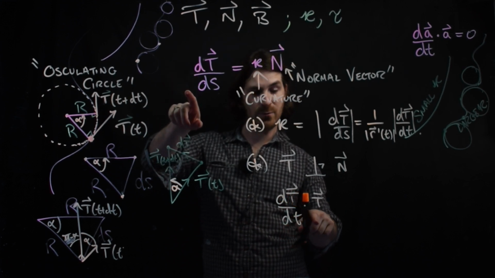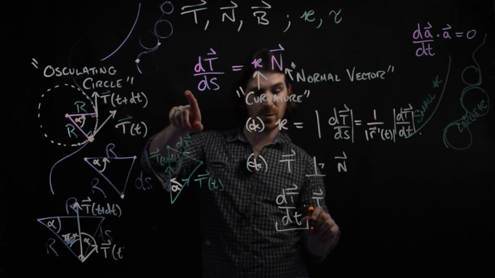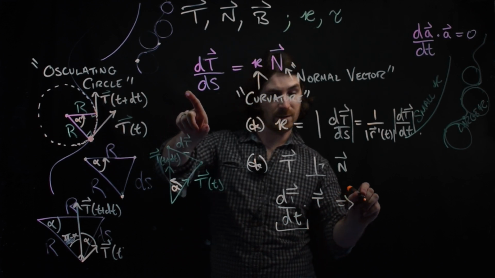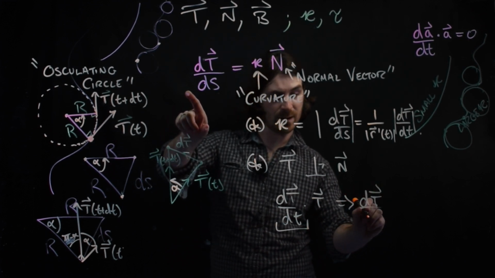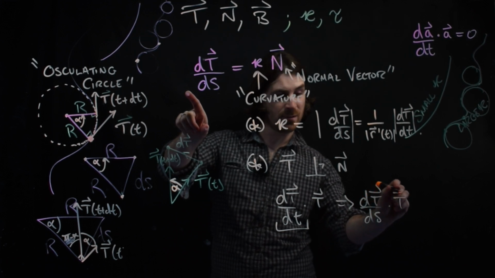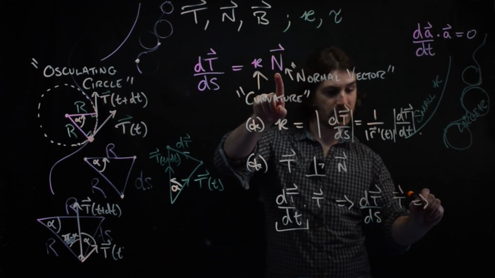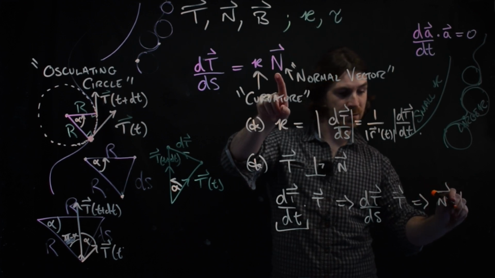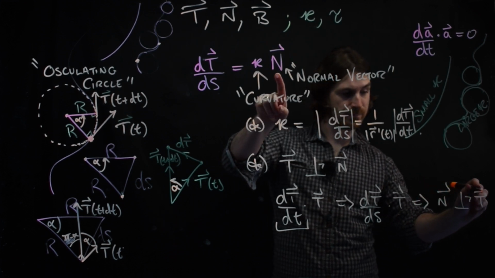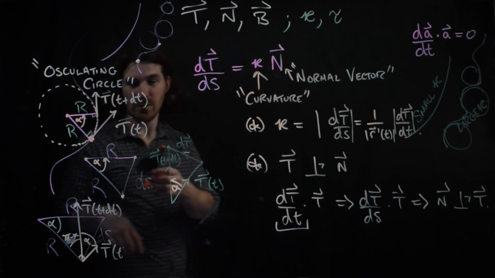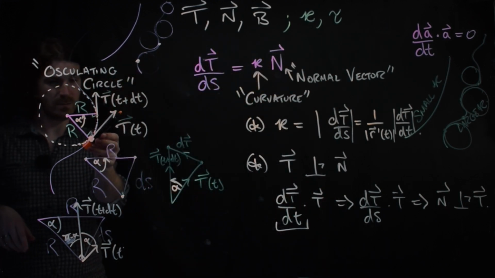So if this thing is perpendicular to T, then dT/ds is perpendicular to T, and dT/ds points in the direction of N. So our normal is perpendicular to this tangent.